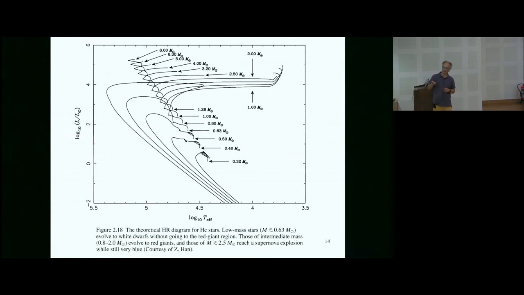So the helium stars show this dichotomy that for lower masses, they don't really expand their radii up to about 1.2 solar masses, but above that mass, they start to expand their radii.